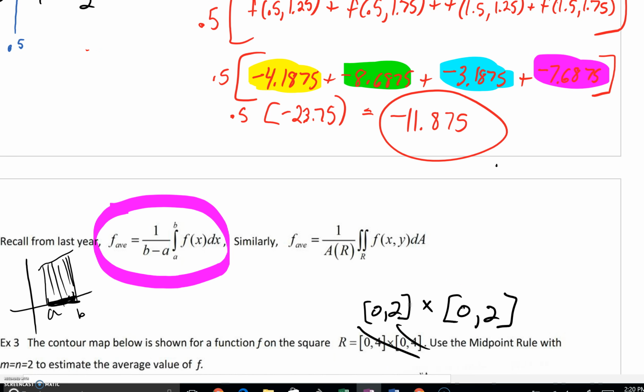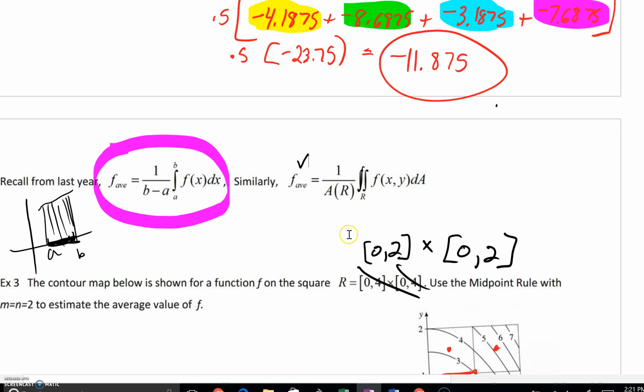And that's more or less what this A of R is right here. So notice the double integral right here, sub R, it means integrate over that region R. Notice our differential is actually written as a dA. But as we do this, this is how we get an average value for a function in multivariable calculus.